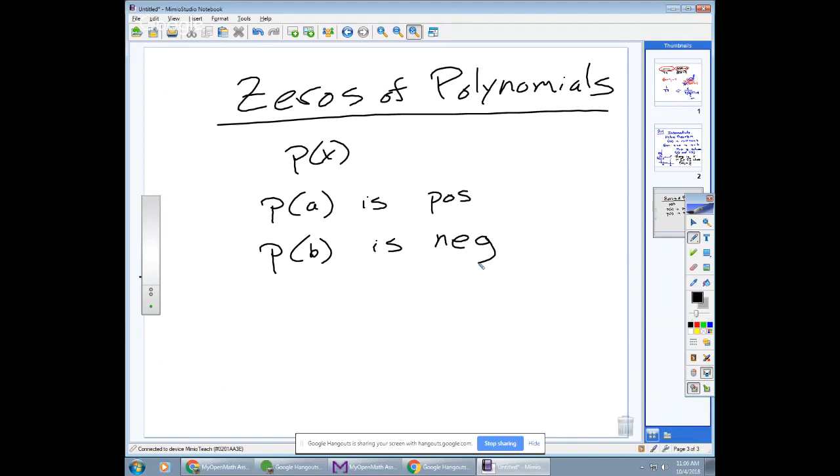So there's got to be a z equals 0. z is a y value, according to the intermediate value theorem. So there's got to be an x value where I'm going to get a 0. Otherwise, the function is not continuous. We've broken it somewhere.